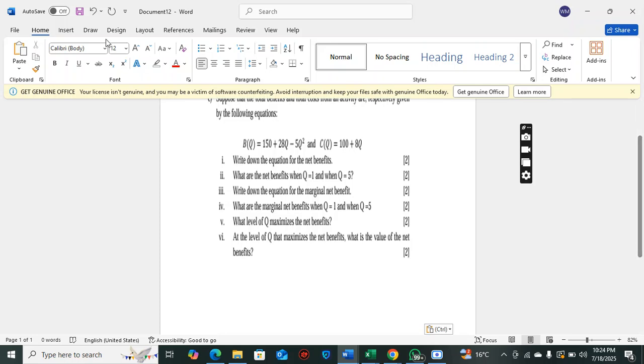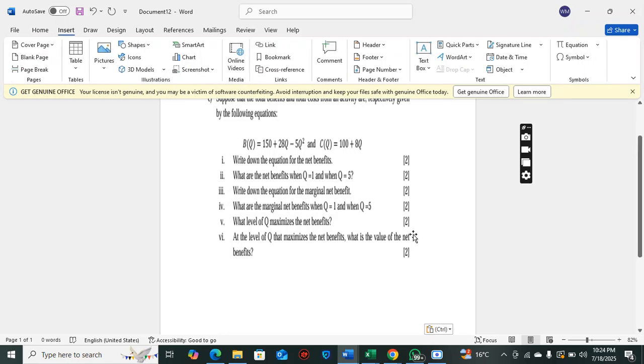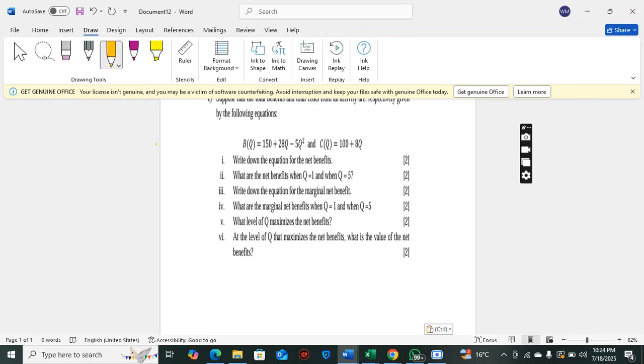So the net benefit is the total benefit of producing a certain amount of units minus the total cost of producing a certain amount of units. As I said, this benefit can be revenue.